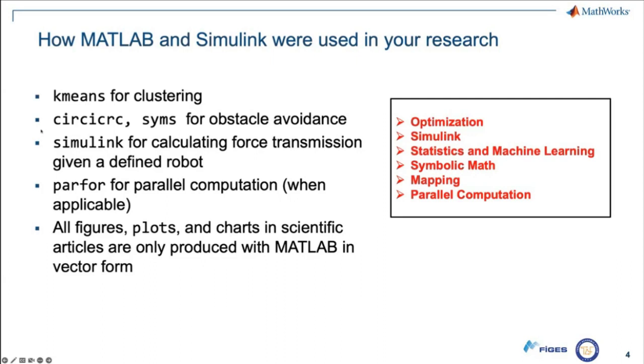And this is actually interesting. I'm using this function to calculate the intersections between two circles, and I'm using that for obstacle avoidance for robots. When they move in the environment, I want to check if they are colliding with obstacles, and if I know that the obstacles are modeled as circles, then I can use this function. I found it really, really useful.